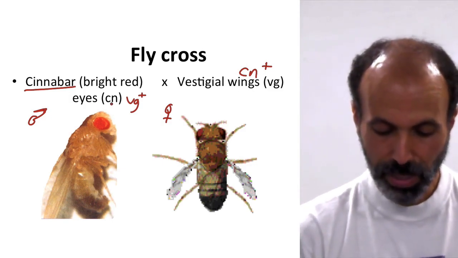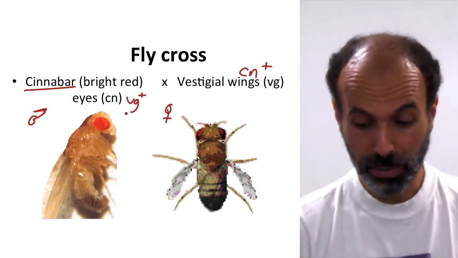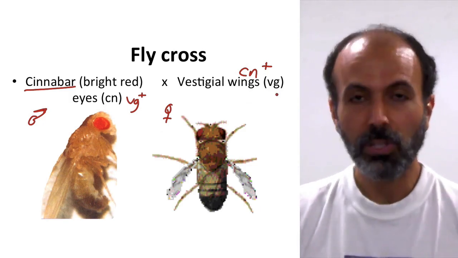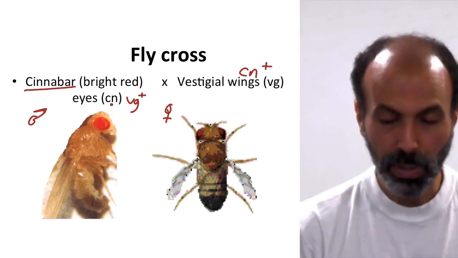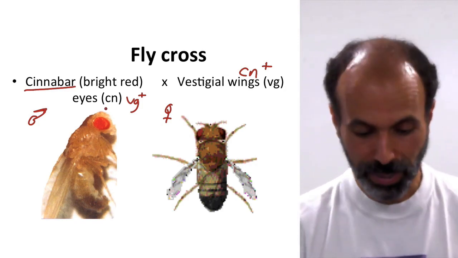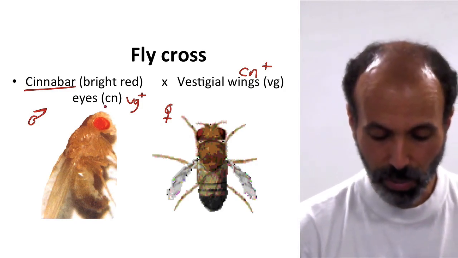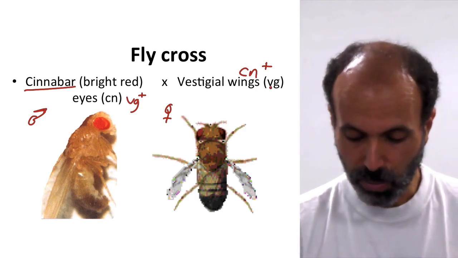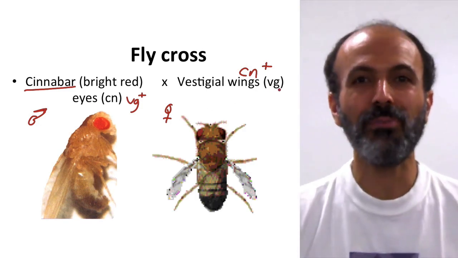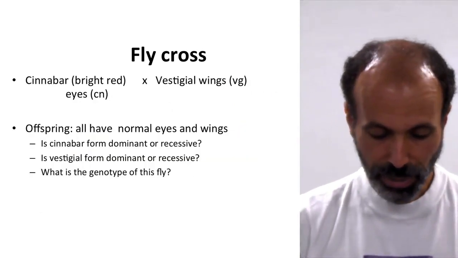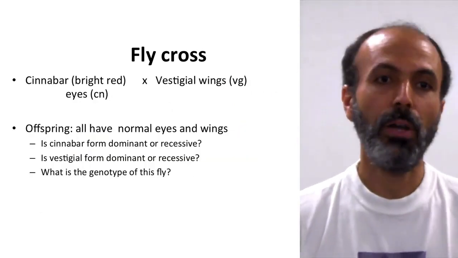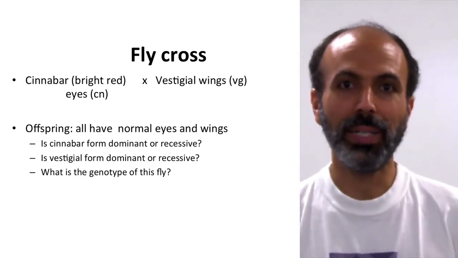So we're crossing CN VG+ males to CN+ VG females. You're mutant for the thing that doesn't have the plus. So we're crossing these mutant red-eyed males to these mutant squished up winged females.